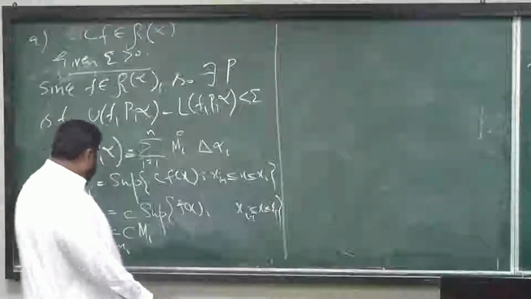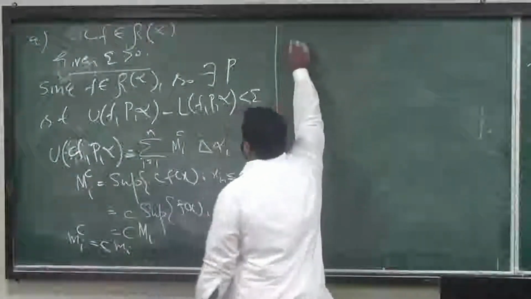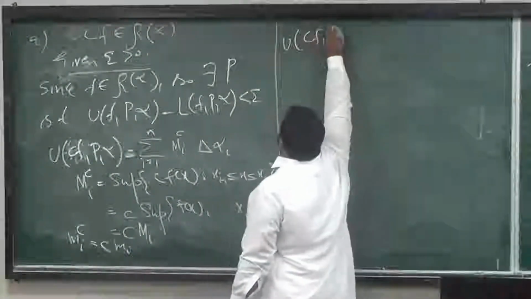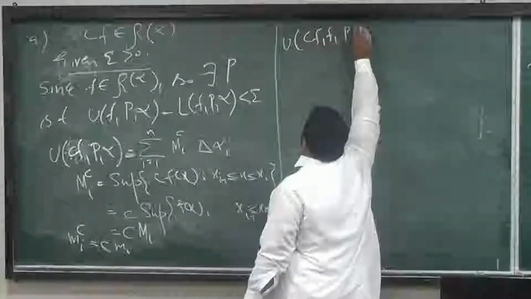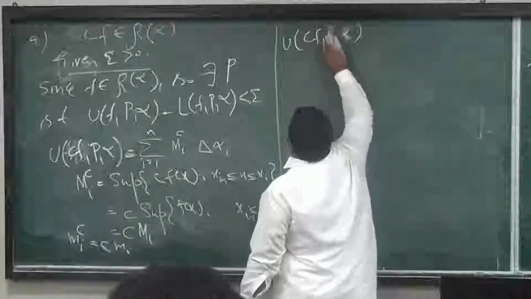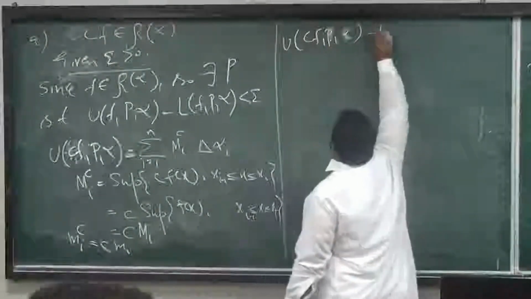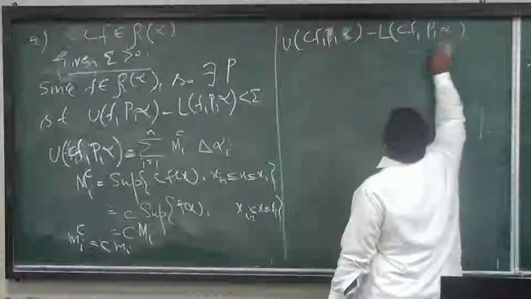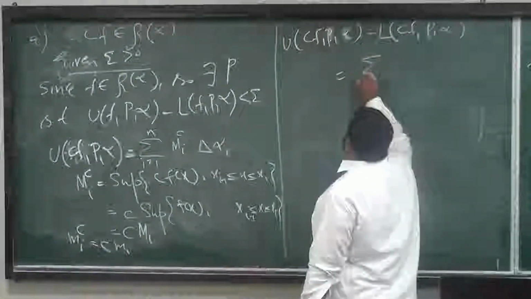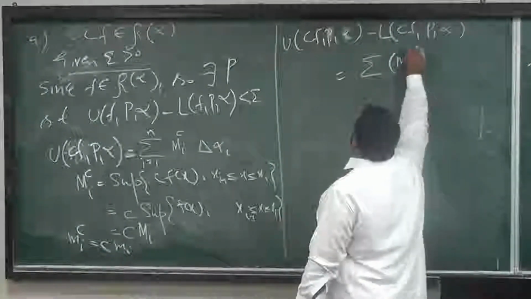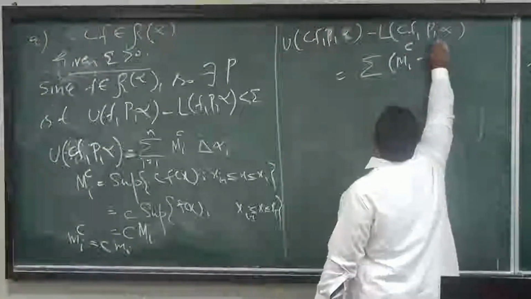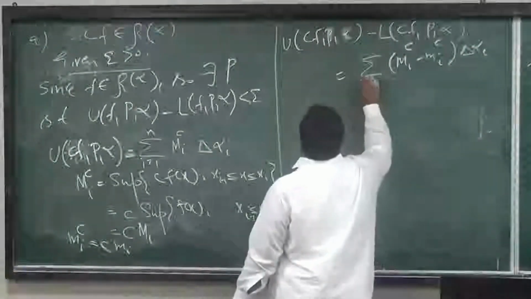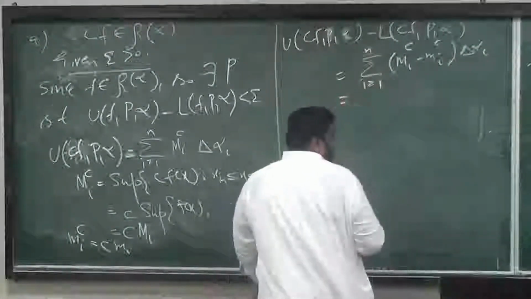So if this is the case, then U(Cf, P, alpha) minus L(Cf, P, alpha) should be equal to what? Sum of M_i C minus m_i C times delta alpha_i, where i runs from 1 to n.